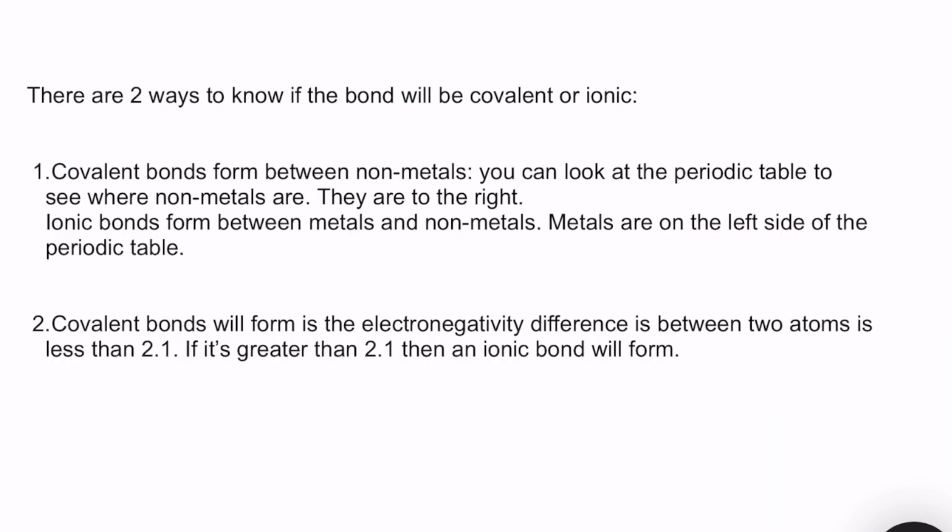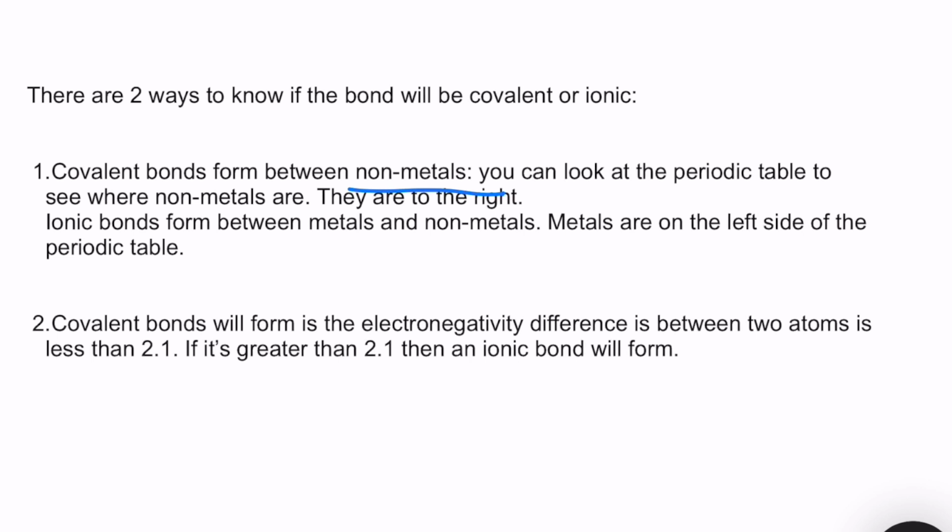So how do we know if two elements will form covalent bonds or ionic bonds? There are two simple ways to know. The first one is that covalent bonds will form between nonmetals. And you can look at the periodic table to see where nonmetals are. Like I said, most of them will be labeled. If they're not labeled, you can just remember it. They're going to be towards the right of the periodic table.